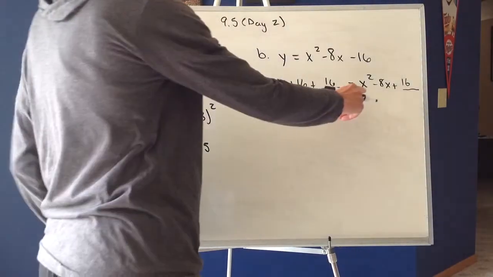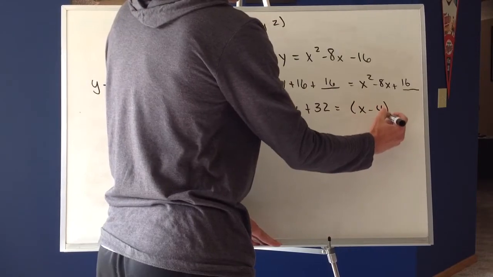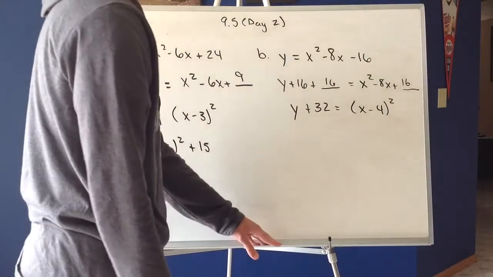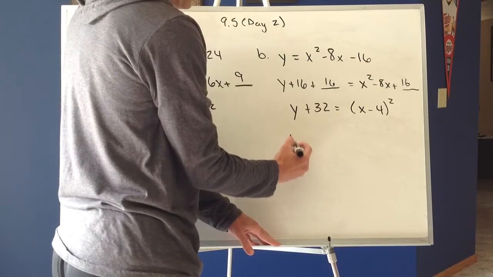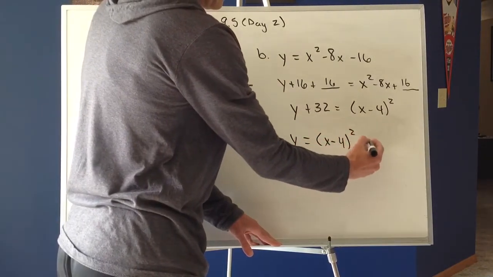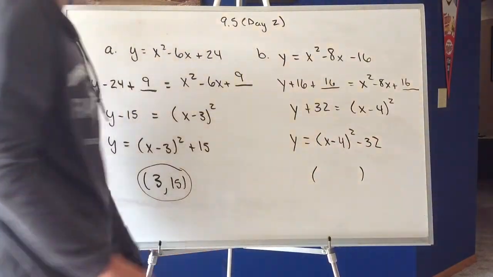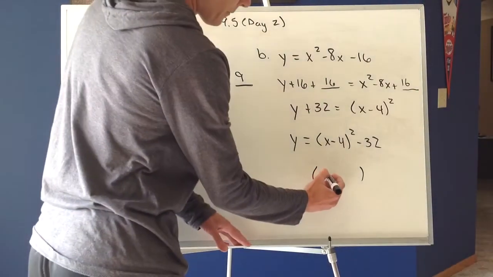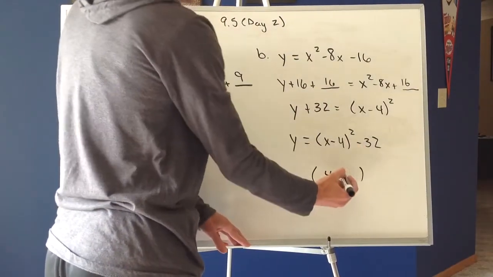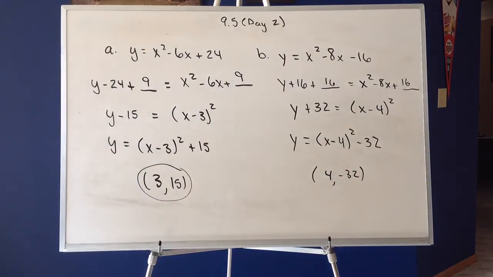On this side, again, you would factor into the same thing twice, and it would end up being x minus 4 squared. So then we need to remember to bring the 32 back to the other side. And now we can get our vertex. A minus 4 would mean it goes right 4. Negative 32 means it goes down 32. So the same stuff we did at the beginning of the chapter with the vertex form is coming back here as well.